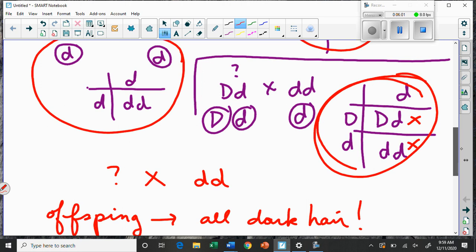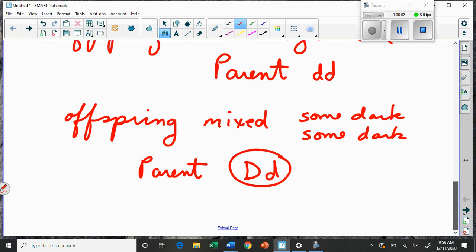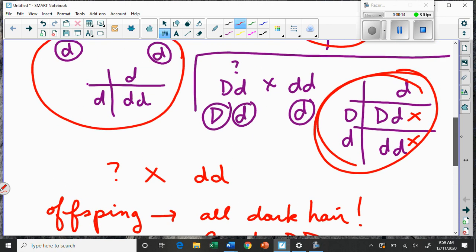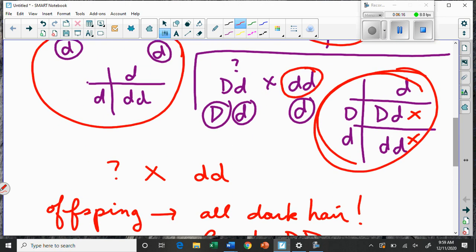You'll often see questions where they'll say a test cross was performed with this particular individual. When you see the word test cross, you know automatically that the testing parent is always homozygous recessive. It might not say that in the question, it'll just say a test cross, but you have to remember that that's what it means.